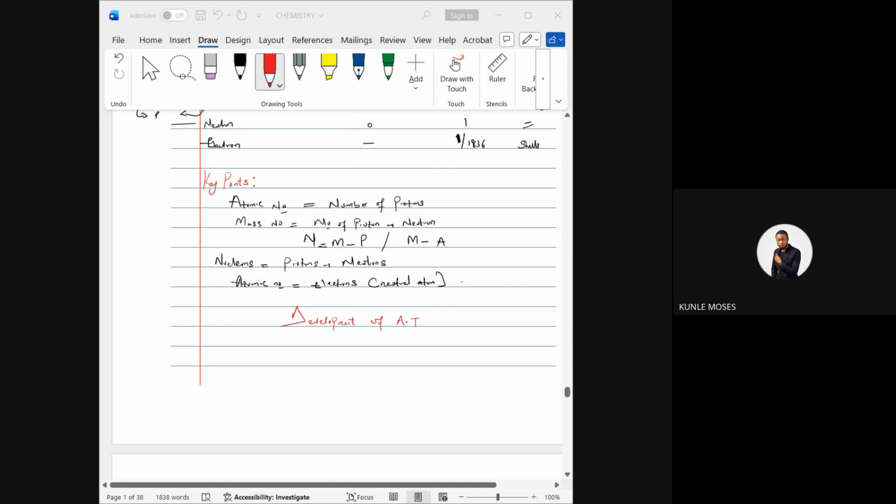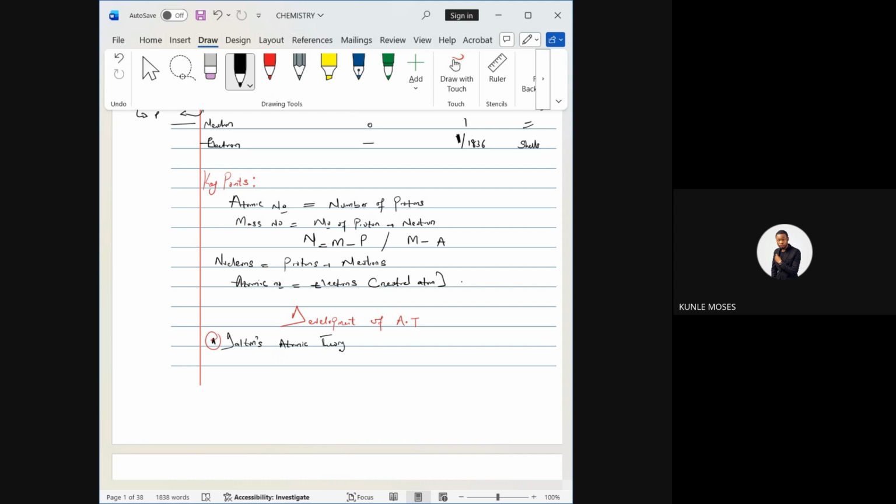So what does that theory say? Let's start with the first part. Dalton's atomic theory. So Dalton says matter is made up of indivisible atoms. Can I write it down?